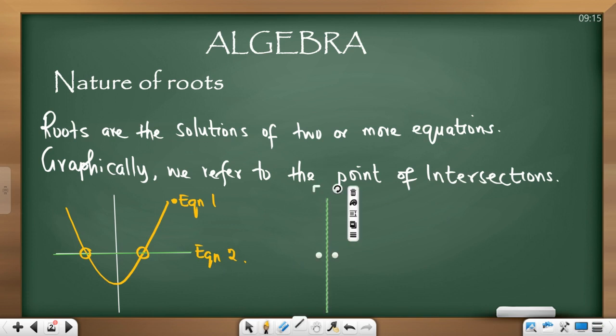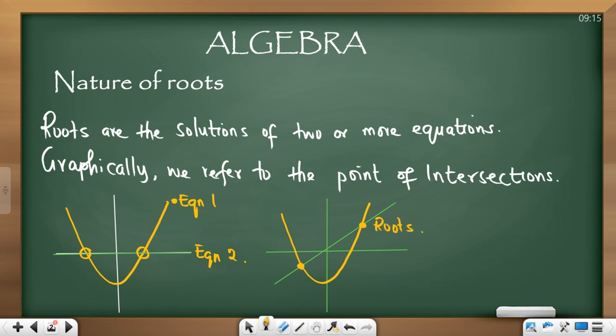Guys, understand this, which means if I have a graph like this, this can also be referred to as roots, because we can use nature of roots to solve them. Please take note. At this point, you see these 2 points of intersection, we're talking about unequal roots here.